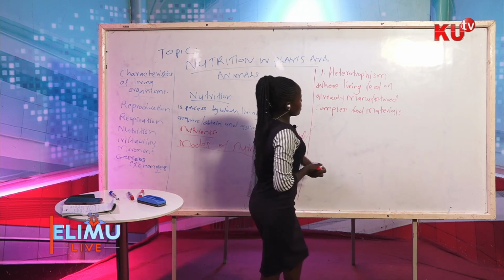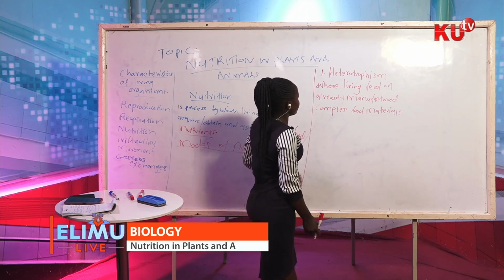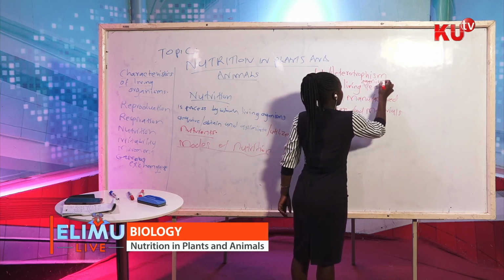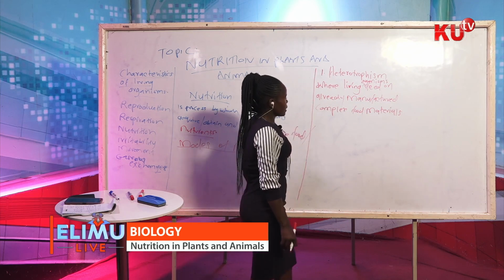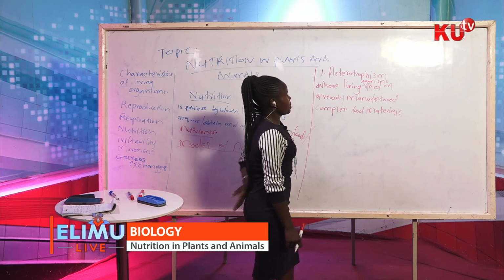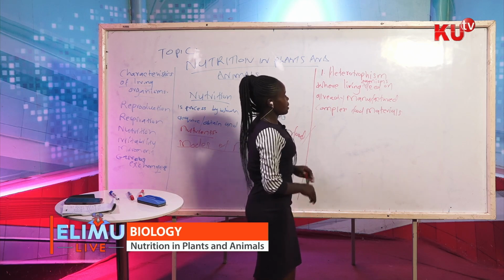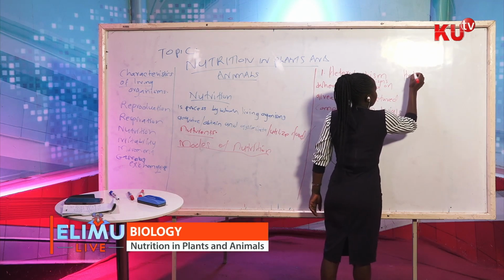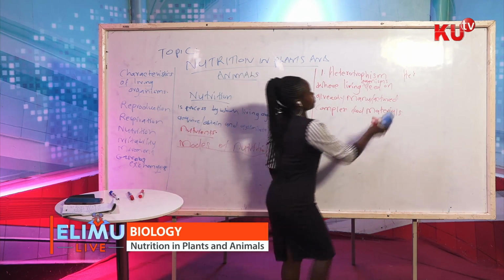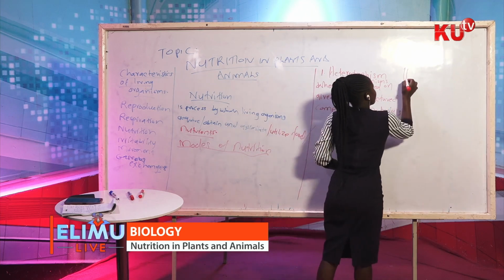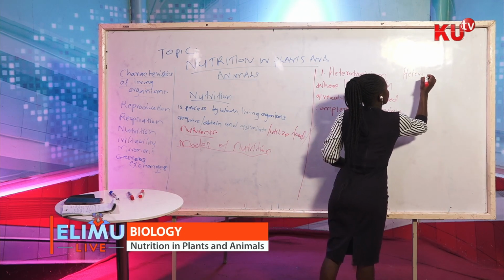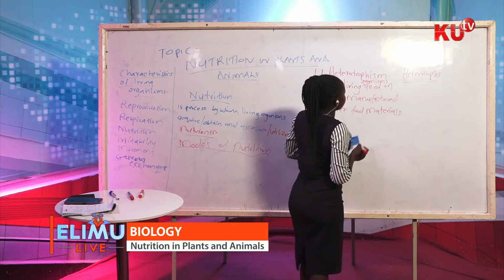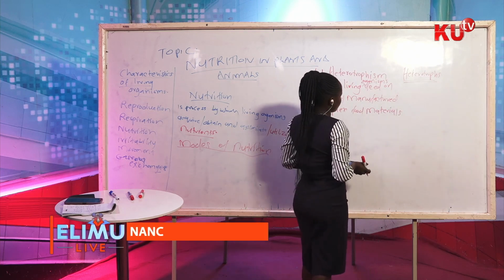So in this mode of nutrition, living organisms feed on already manufactured complex food materials. And the organisms that exhibit this mode of nutrition are called heterotrophs. So these are the organisms that exhibit this mode of nutrition.